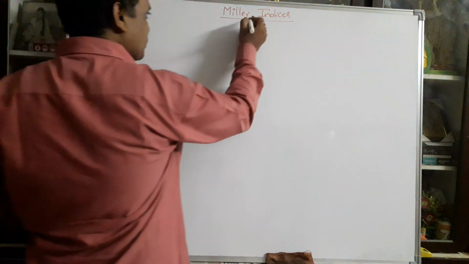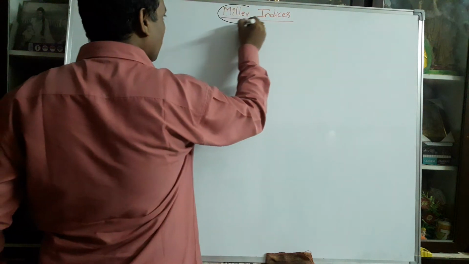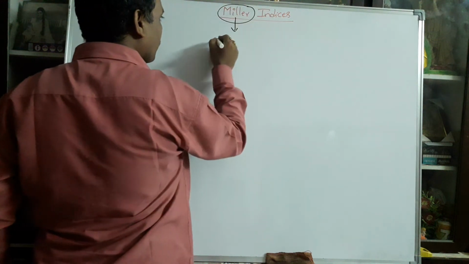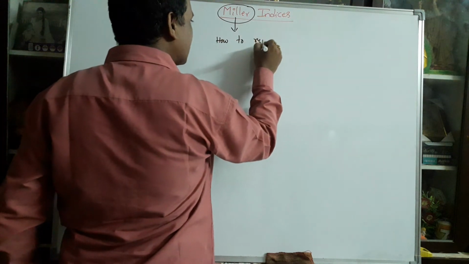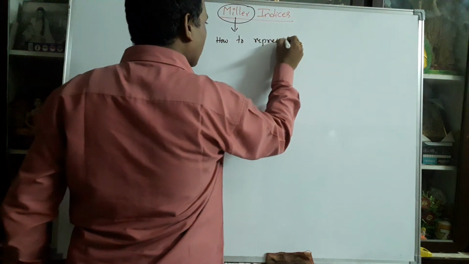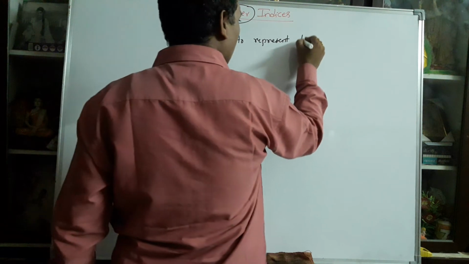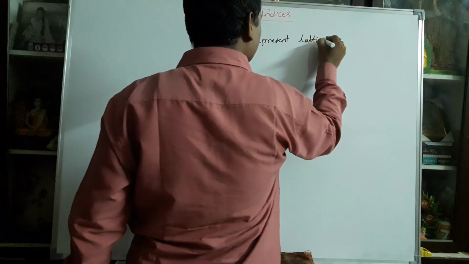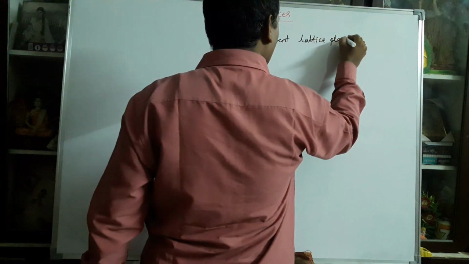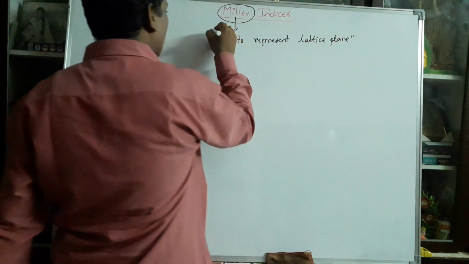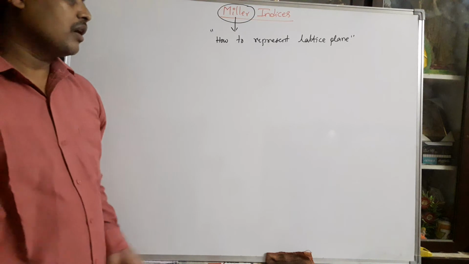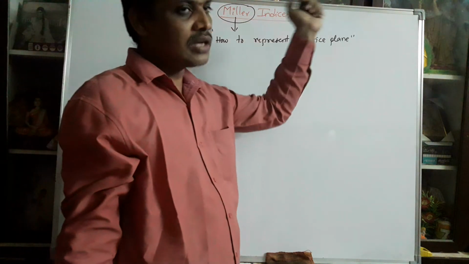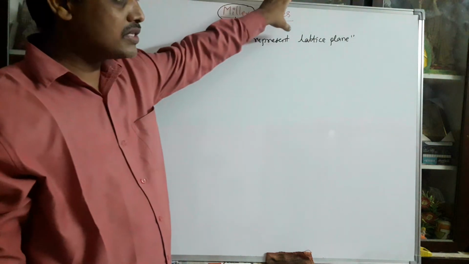Miller introduced how to represent lattice planes. Miller introduced how lattice planes are represented in a crystal. So how to represent the lattice planes is based on Miller indices.